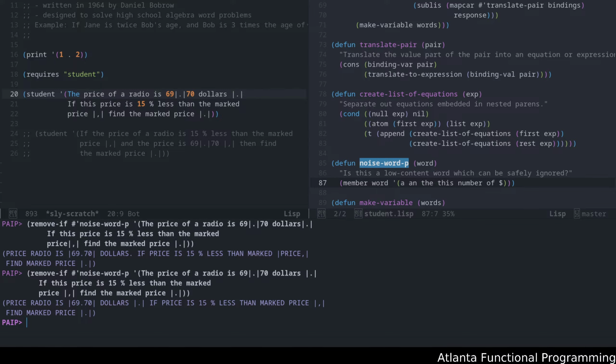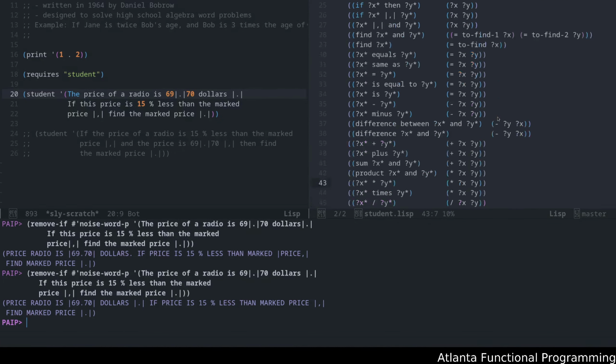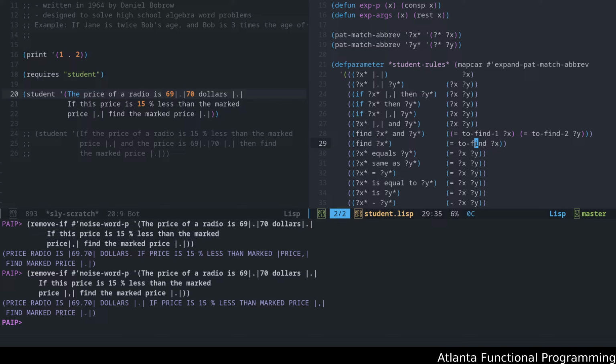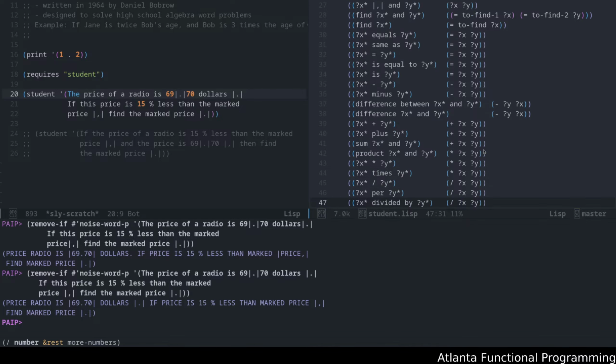Then find the marked price. Find marked price. So find marked will become to-find equals this. But to-find not having any sort of binding is a little interesting. It doesn't actually work. I guess this is one of the problems that we need to extend. Give me a second here.